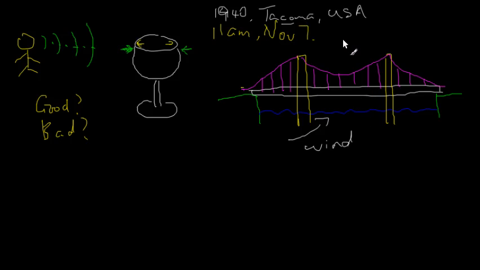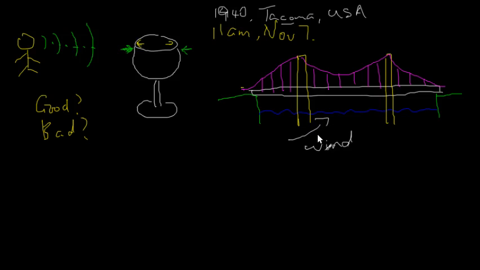But on that day, the wind blowing through the bridge somehow starts to cause oscillations in the bridge at a frequency that causes the amplitude of the motion in the bridge to increase and increase.